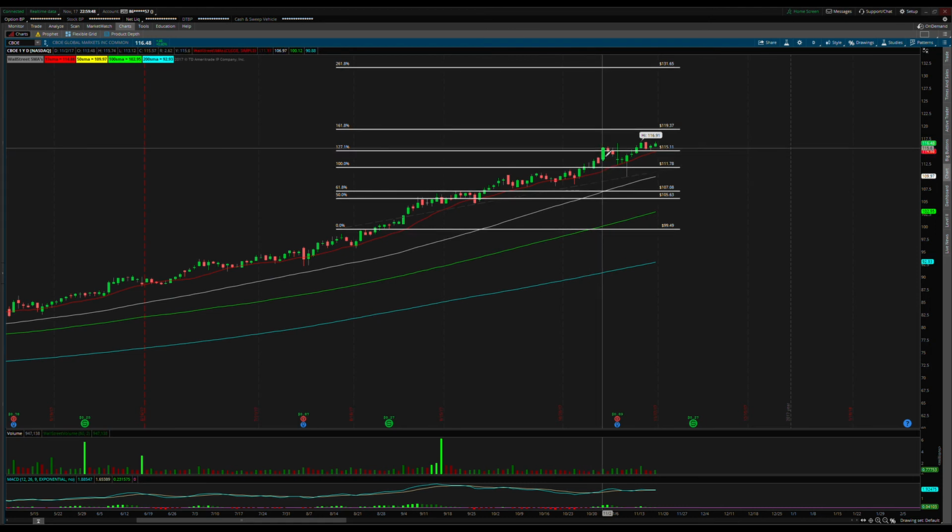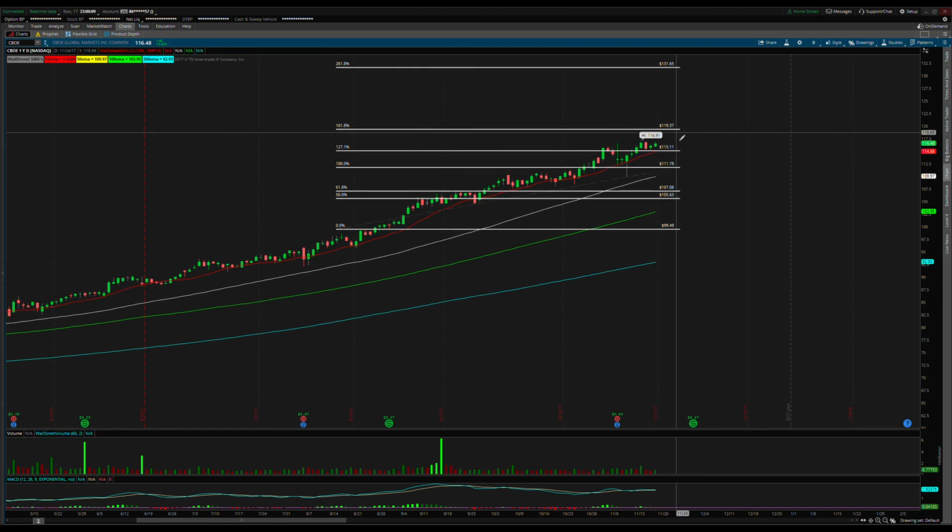It tested this 127 on 11.2. Could not break it. Tested it, came down to the 100, tested that one, finally broke it out this week. And now it's been consolidating in this 127.1 retracement.